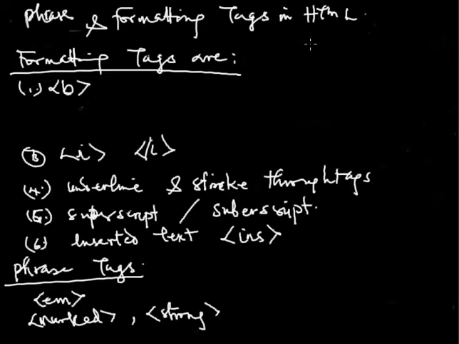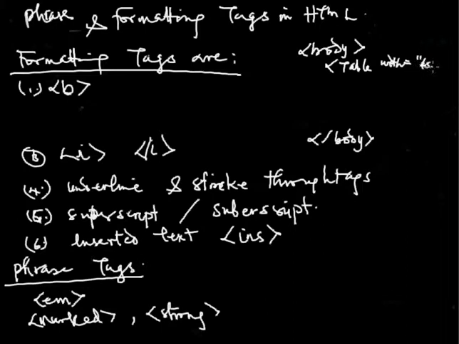Take for instance, you have a body. The body is closed. You have a table which is equal to, let's say, 400 pixels. You open and you close it.